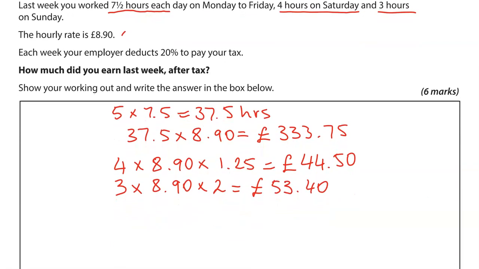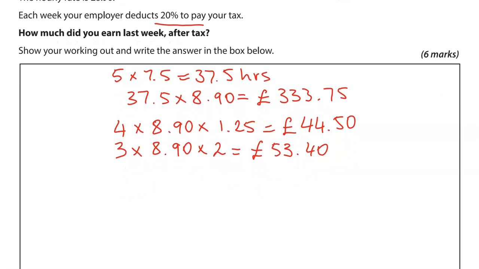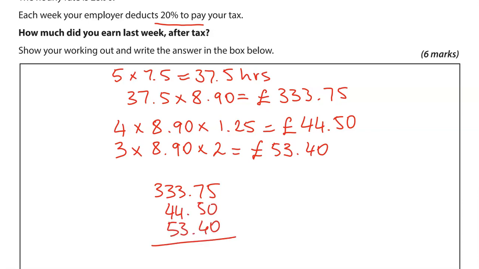Now we've got to deduct 20% tax. So if we add all of these together first, that is £333.75, £44.50, £53.40, all in total will give us £431.65.